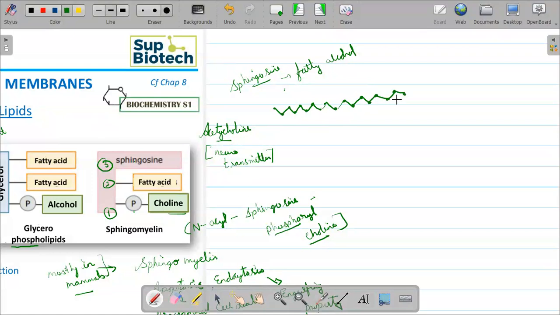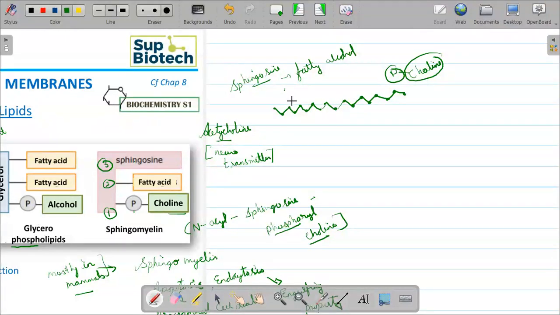There are 18 molecules of fatty acids in this. To this, we are going to have one protein called choline. One protein is added. To this protein, one more phosphorus is added.